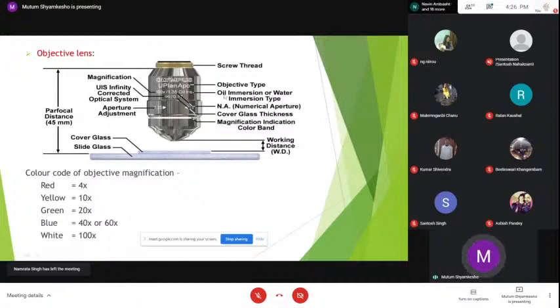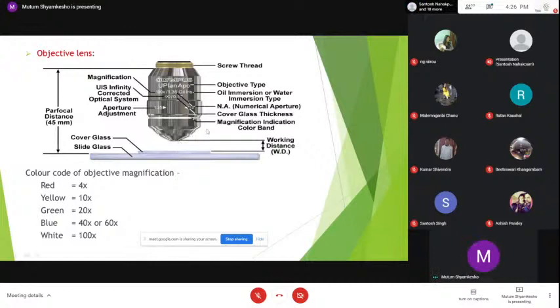That is, when we are using this 100x objective, it is essential to use oil immersion, to introduce oil between the objective lens and the specimen.